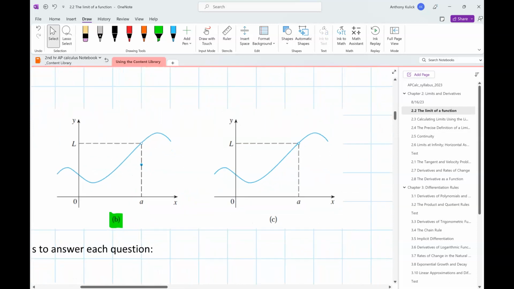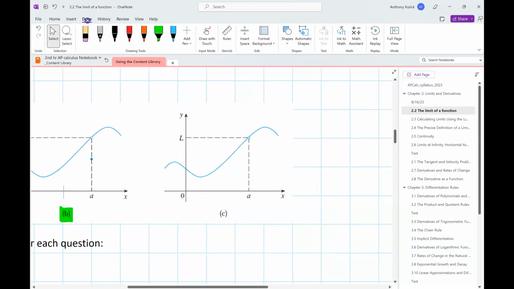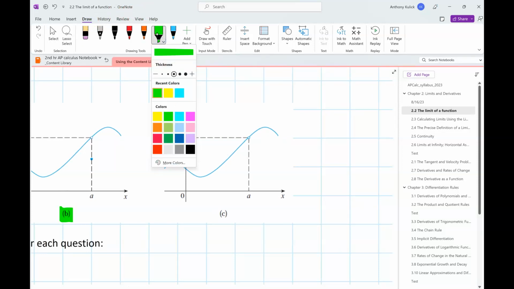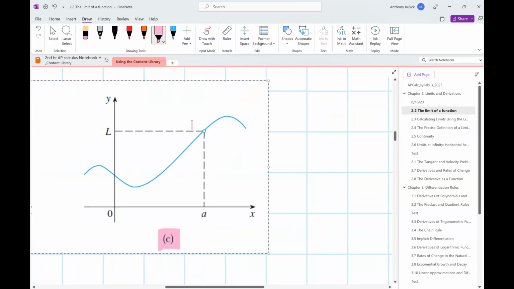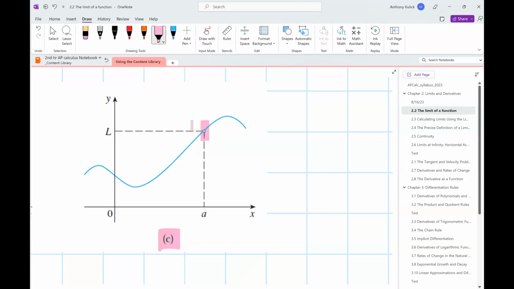Okay. And then the last example I have for you here is C. Here, again, we notice that the function is undefined at a, right? If I do f of a, it's undefined. It's an open circle. There's no other point on the line x equals a.